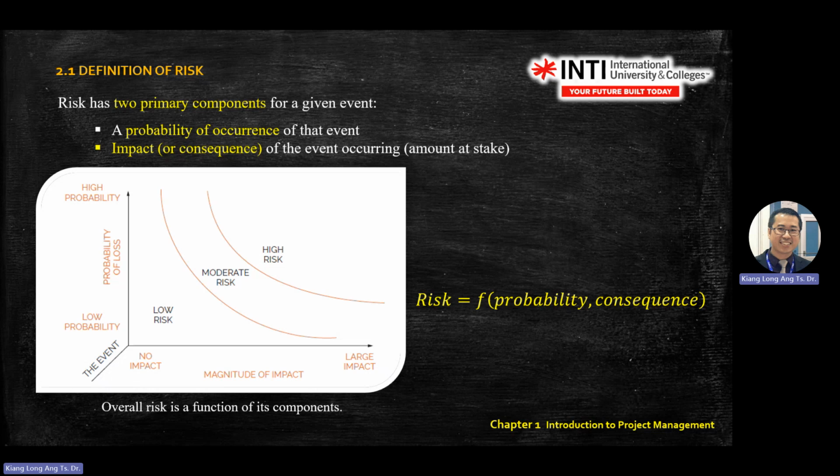If it's low impact or near to no impact and low probability of happening, then it becomes low risk. Then you have the middle one. This is just a pictorial, not a scalable graph. It's just a graphical presentation to illustrate what is high risk and what is low risk. Of course, in the middle is moderate.